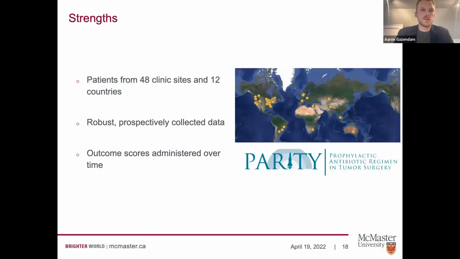Some strengths of the study: we utilized patient data from 48 different clinical sites in 12 different countries. And it's a robust, prospectively collected data set that is unique within the musculoskeletal oncology literature. And as I mentioned, the outcome scores were administered over time.